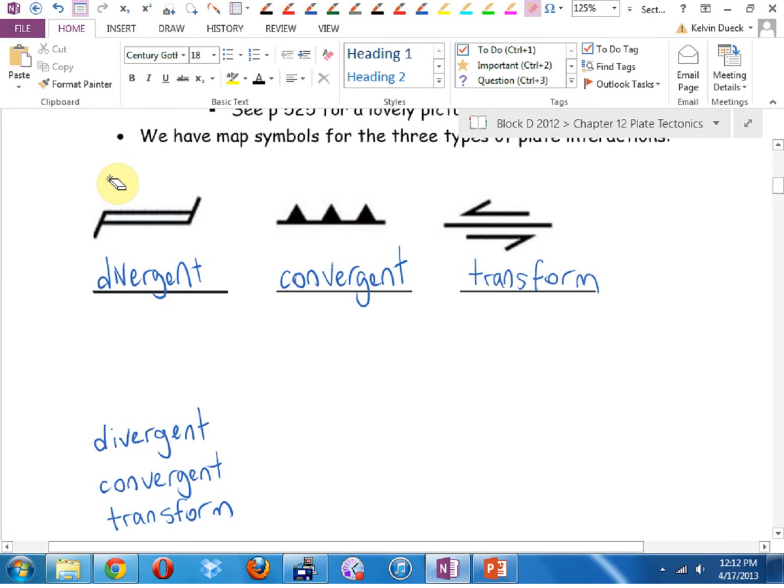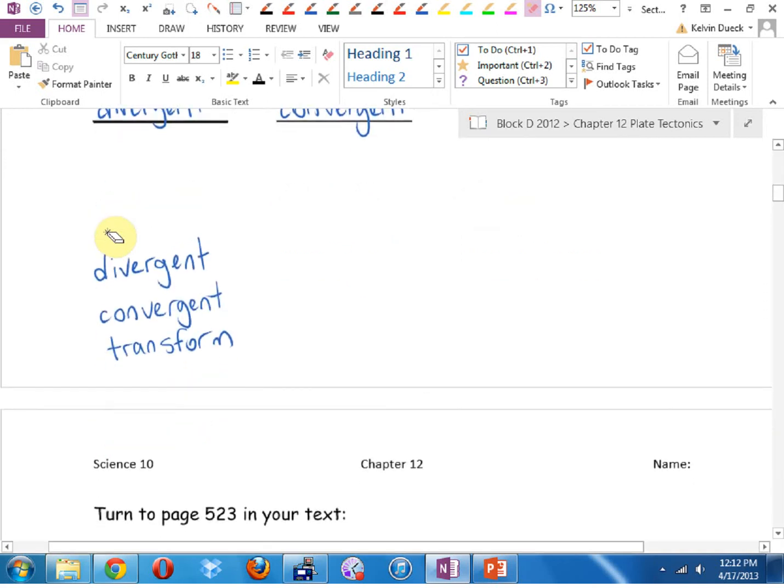The divergent one, well, if you scribble this out, it does look like a lowercase d for divergent. Whatever you come up with, I don't know. It's a long, stretched out lowercase d, but again, you got to memorize a bunch of junk for the provincial. I hate memorizing stuff, but the provincial wants you to memorize stuff, so I'll try and give you different ways that you can pick these up.